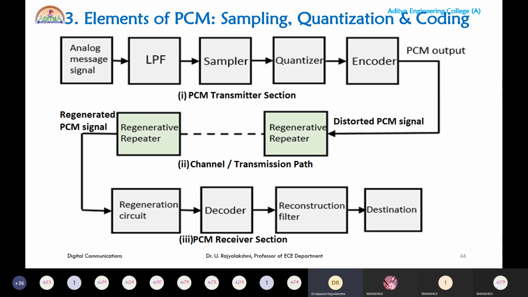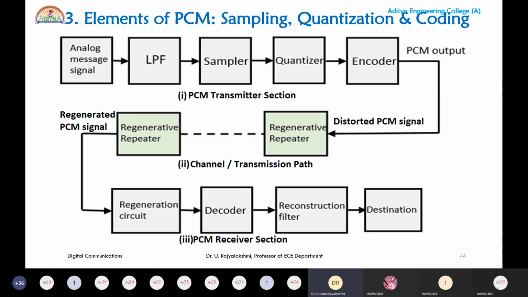Then the quantizer divides the amplitude axis into 2 power n levels, where n is the number of bits you want to encode. So the quantizer divides the amplitude axis into 2 power n levels. Nothing but the quantizer is making the amplitude axis discrete.